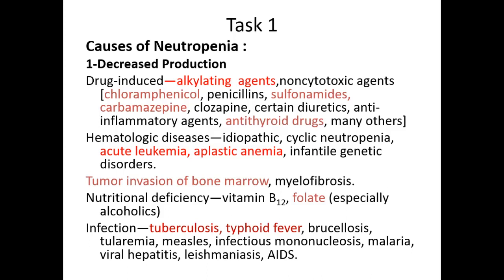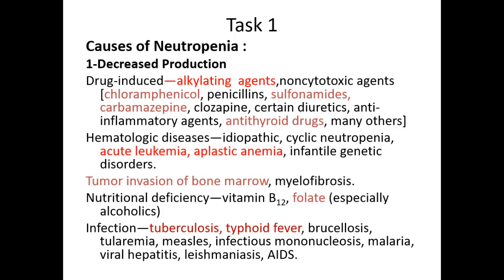Also, it can occur after treatment with antithyroid drugs, sulfa drugs, carbamazepine, and many other drugs. Hematological diseases are a well-known cause of neutropenia, like idiopathic neutropenia, acute leukemia, and aplastic anemia.